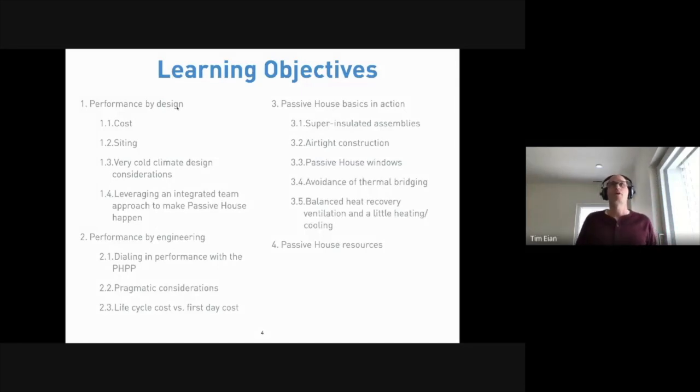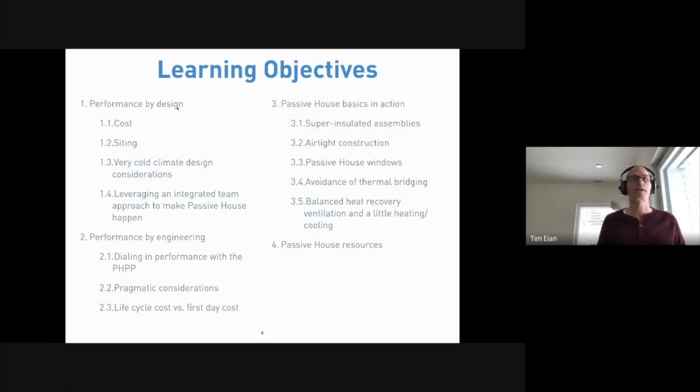I'll go over a couple of learning objectives here today, just some of the highlights I want you to be able to take away. We're going to go over performance by design. When you get into high performance buildings, some of the things that make that building tick are already solved at the desk in the architectural office or the designer's office. We're going to look at it from that perspective.